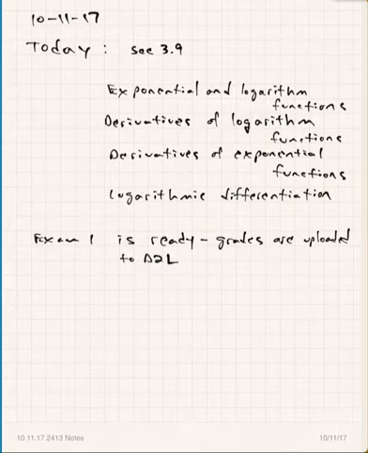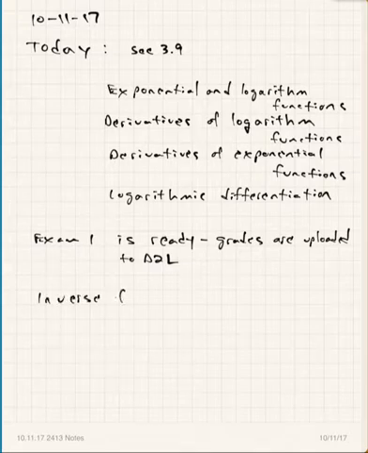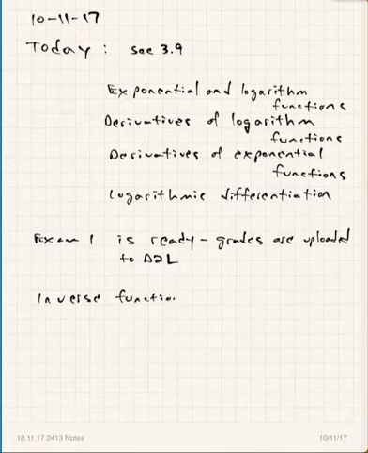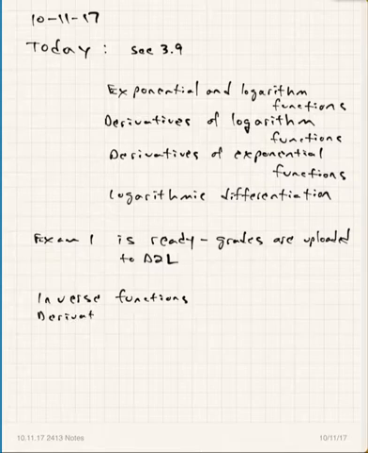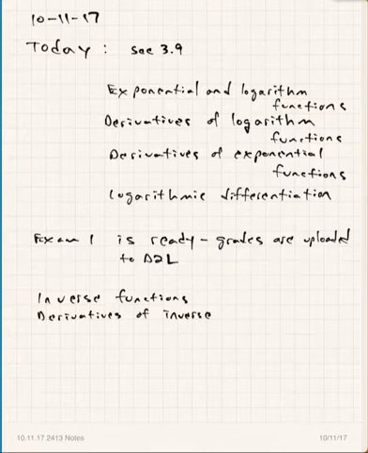Now what we're coming out of right now in class is we started talking about derivatives of functions that are inverses. So we have taken care of functions that are inverses, first of all, talked a little bit about inverse functions in general. And then we looked at derivatives of inverse functions and how the derivatives are connected.